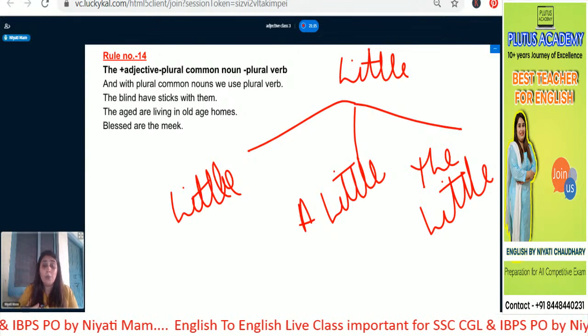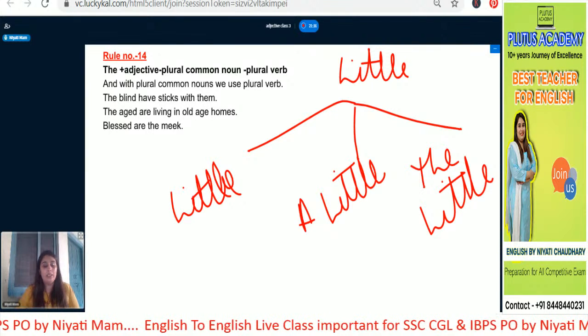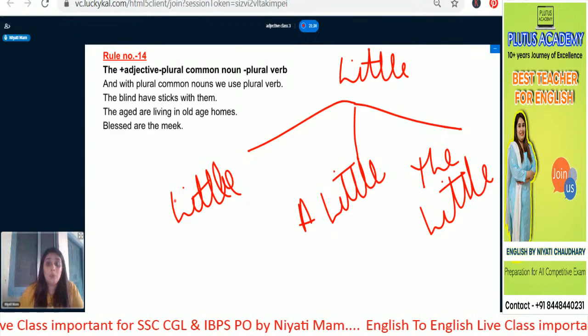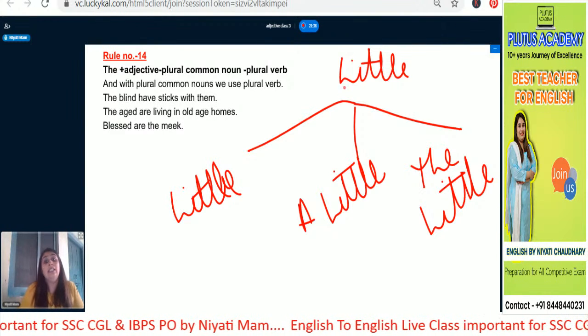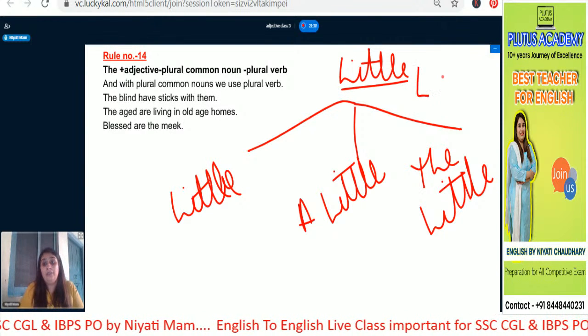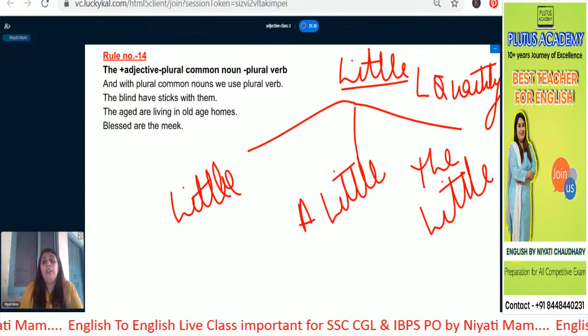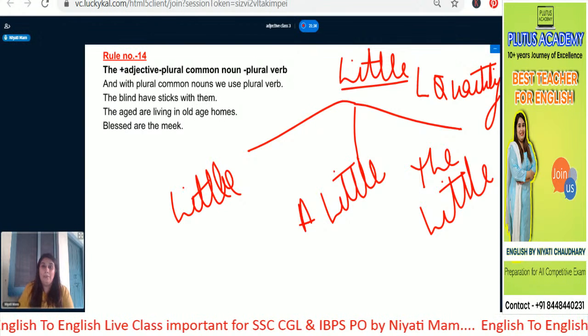Now, let us try to understand what is the basic difference between these three words and how we are going to use them in English, right? One thing which you need to make sure is little is an adjective which shows quantity.